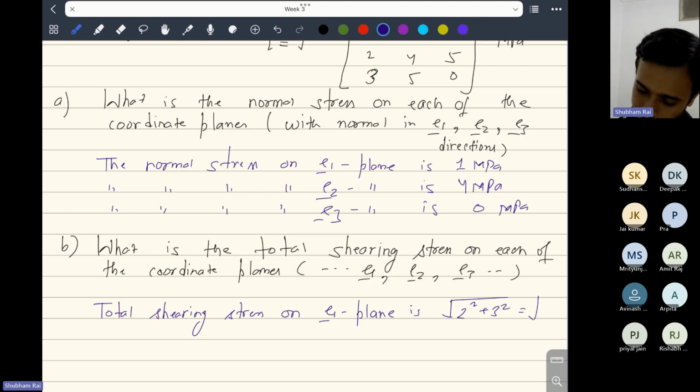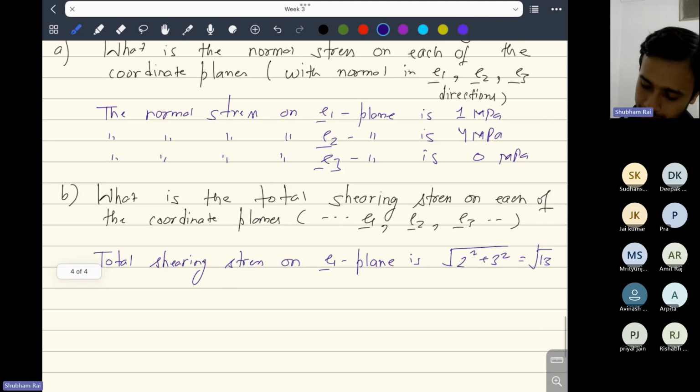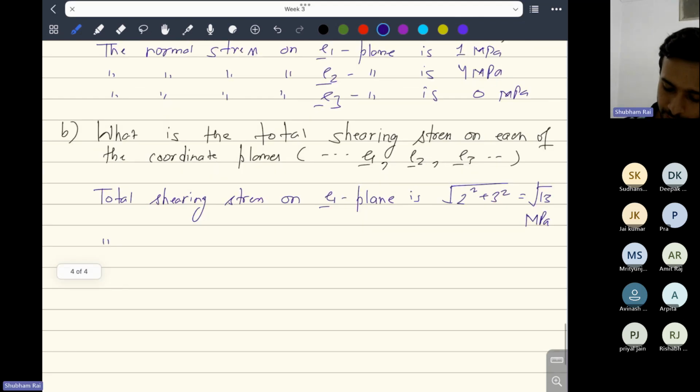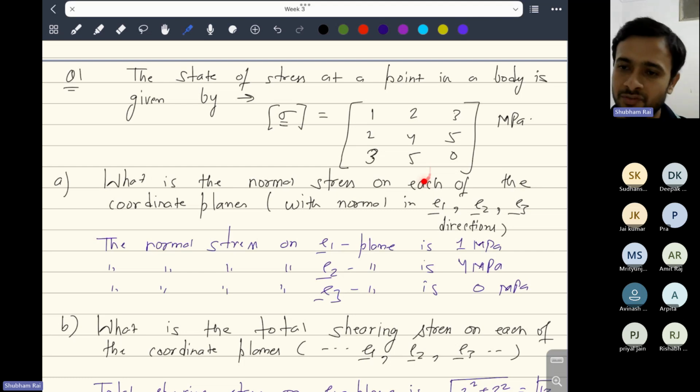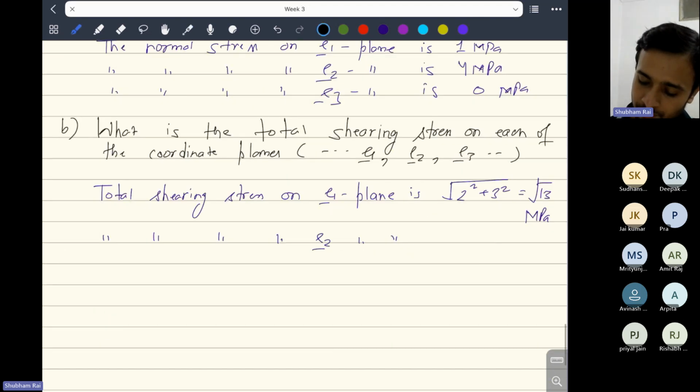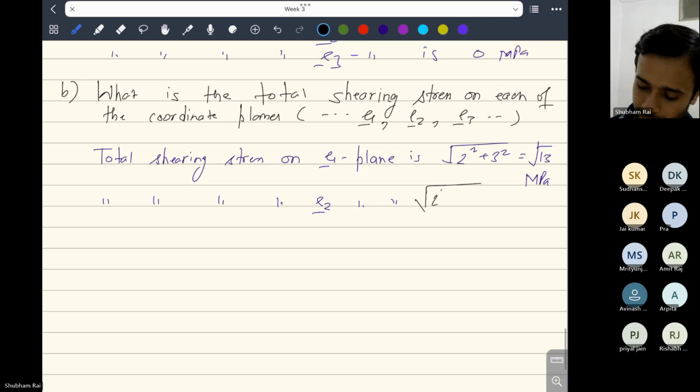That will be root 13 megapascal. Now you have to find total shearing stress on E2 plane. So this is the traction vector on a plane with plane normal E2. So the off diagonal terms will be shear components. So those are 2 and 5. So total shearing stress will be 2 square plus 5 square. So that will be root of 29.